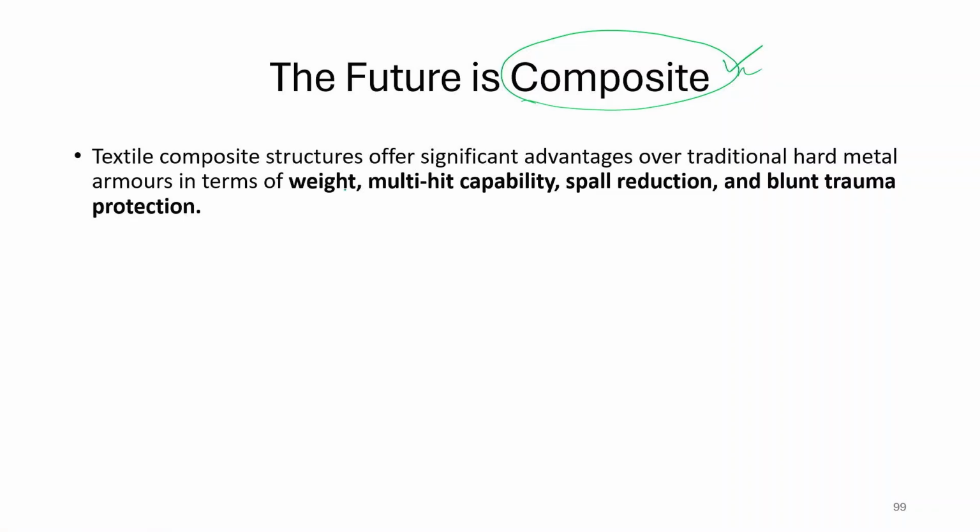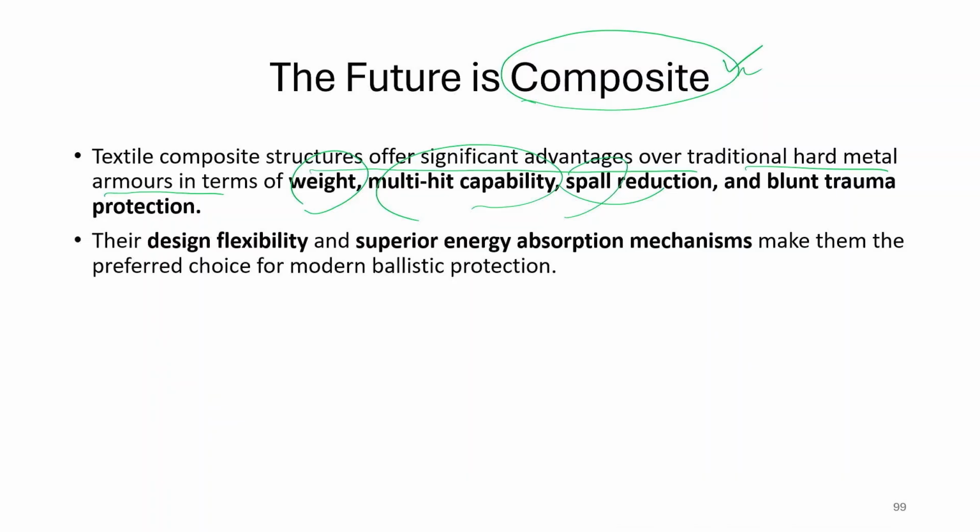So, textile composite structures offer significant advantages over traditional hard metal armor in terms of weight, multi hit capability, spall reduction, and blunt trauma. The design flexibility and superior energy absorption mechanism make them the preferred choice for modern ballistic protection.